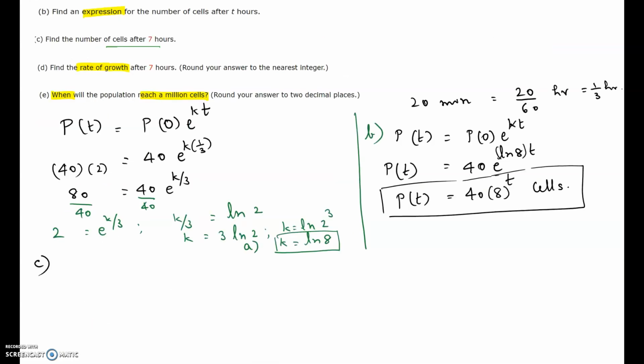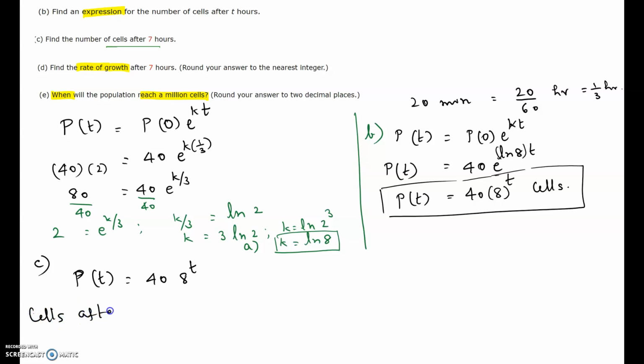Part C is to find the number of cells after 7 hours. So number of cells after T hours from part B is given by 40 times 8 to the power of T, where T denotes the number of hours. Then the question is the number of cells after 7 hours.